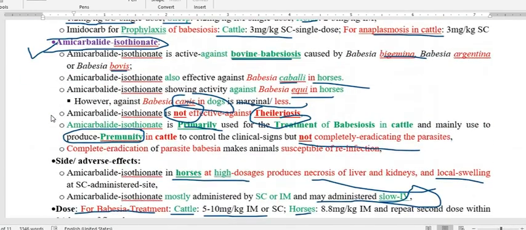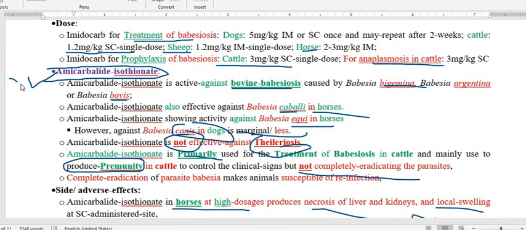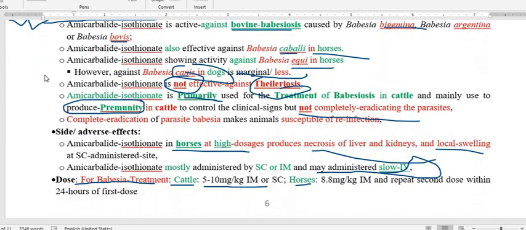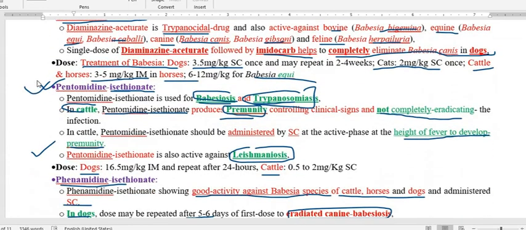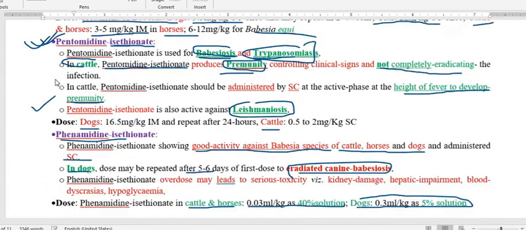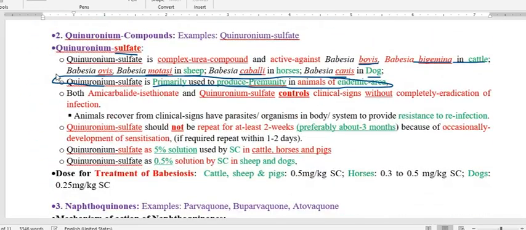Like that we already discussed, pre-immunity is also going to develop by drugs like pentamidine isethionate and the other, amicarbalide isethionate.